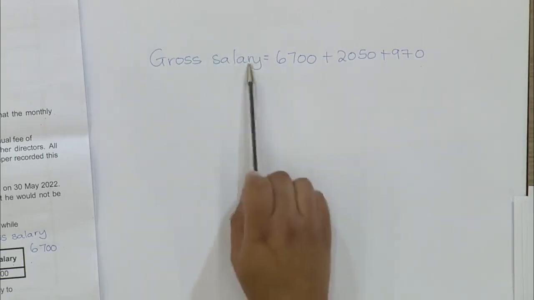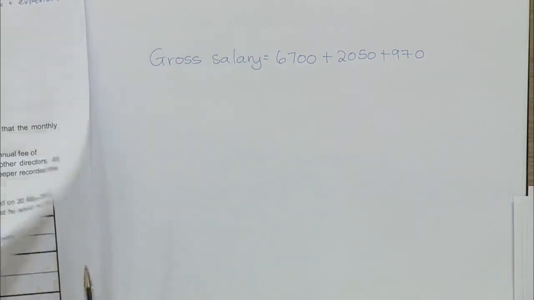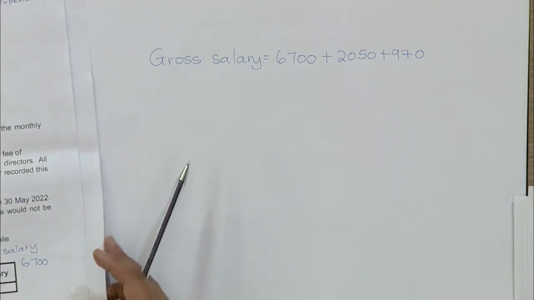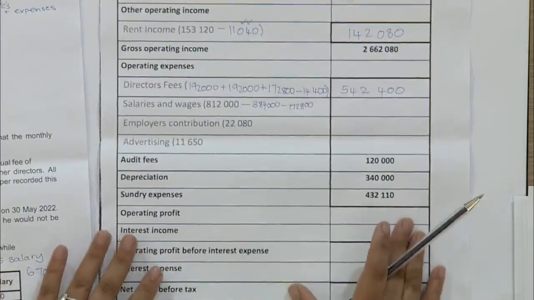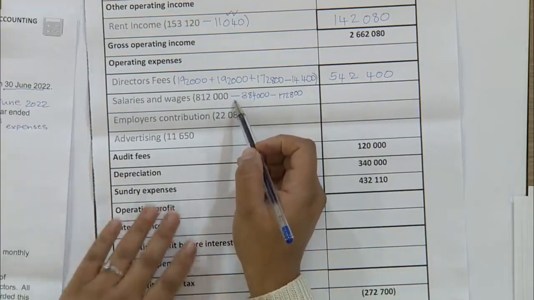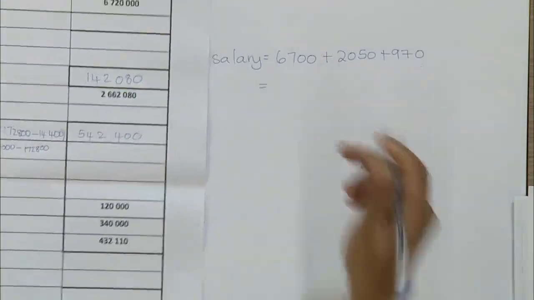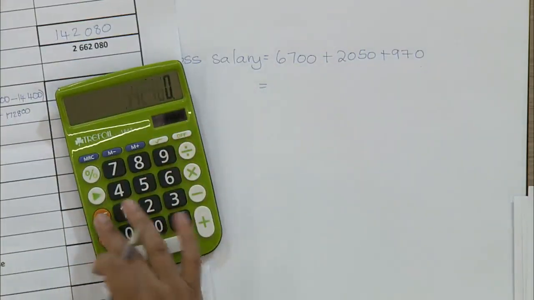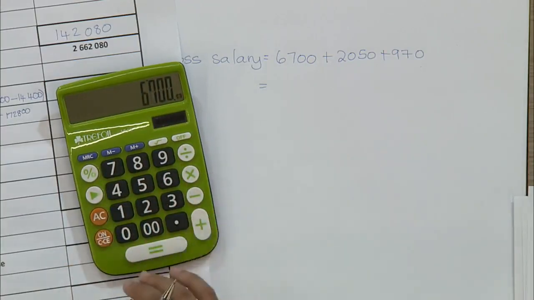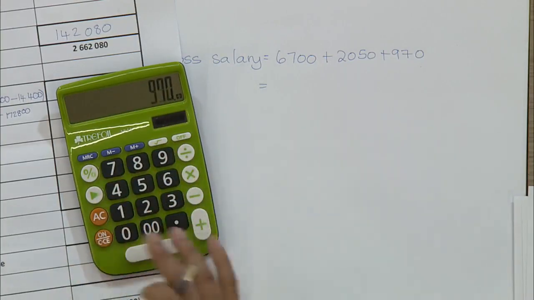This gross salary impacts your income statement or your statement of comprehensive income. So how are we going to put it in here? We are now going to say, right, our salary amounted to, wait, let me just add up the salaries quickly. Sorry, guys. So we'll say 6,700 plus 2,050 plus 970.